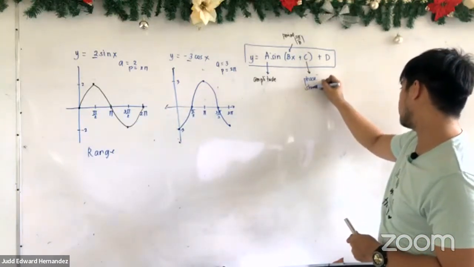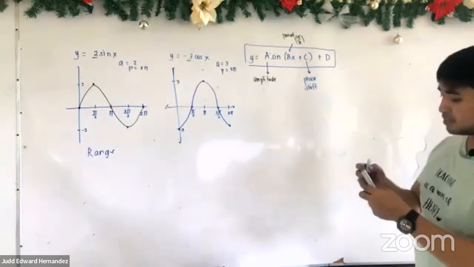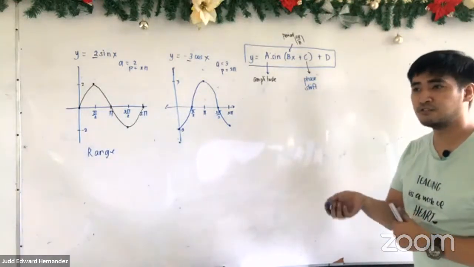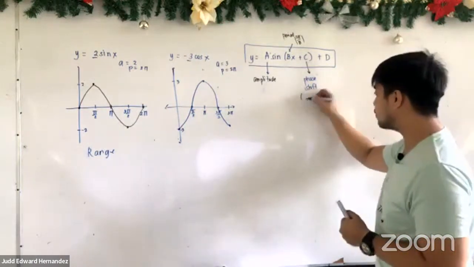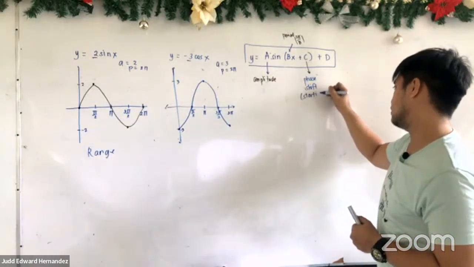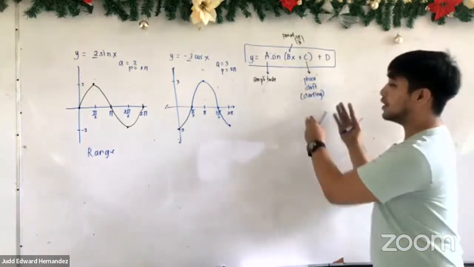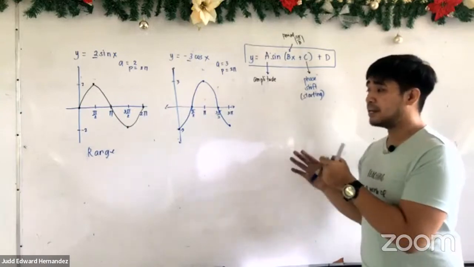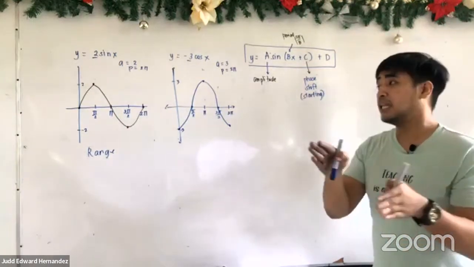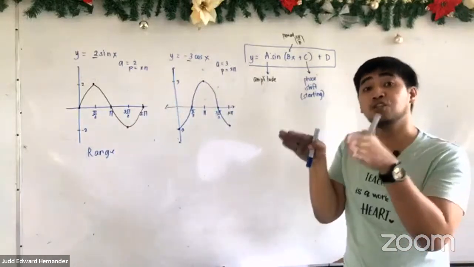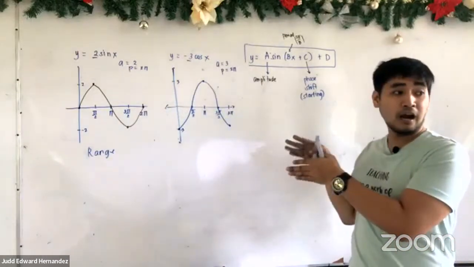Ano ibig sabihin ng phase shift? Actually, hindi pa naman ito na-discuss on junior high school. Pag sinabi natin phase shift, this will be the starting point. Itatandaan mo dyan tayo mag-start. Kaya po sinabi na phase shift, ibig sabihin, from the normal na nagsimula ka dito sa y-axis, mag-shift na siya. Are we clear?